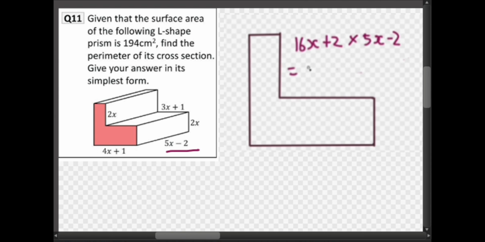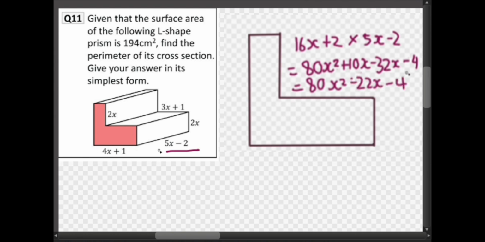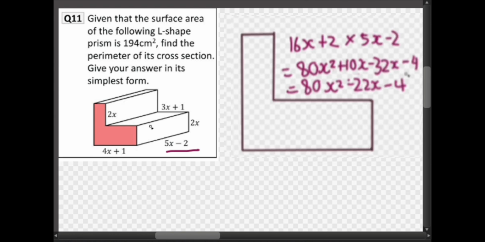The answer will be 80x squared plus 10x minus 32x minus 4, which is 80x squared minus 22x minus 4. Now that we've found the surface area of all of the rectangles, we need to find the surface area of the cross section.